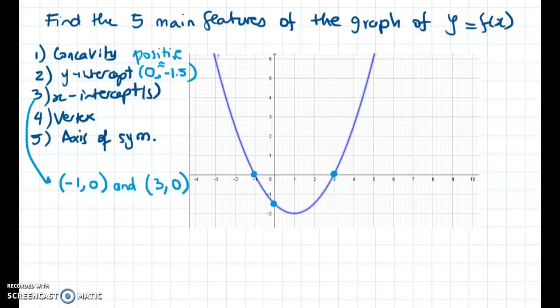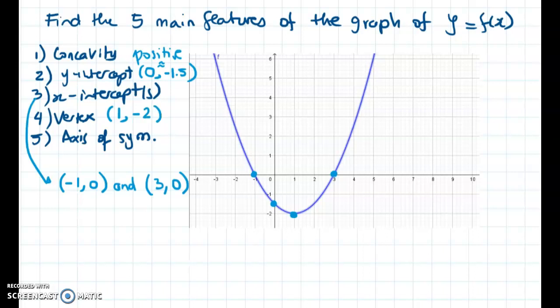We now need the coordinates of the vertex. That's a minimum point I'm marking over here. And again, it looks like we can say that this is exactly given by x-coordinate 1 and y-coordinate negative 2.